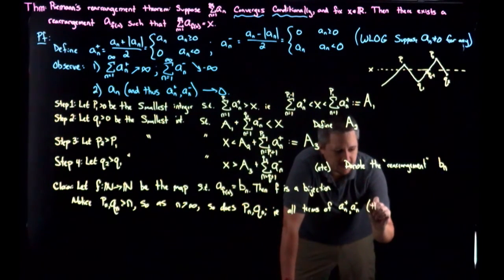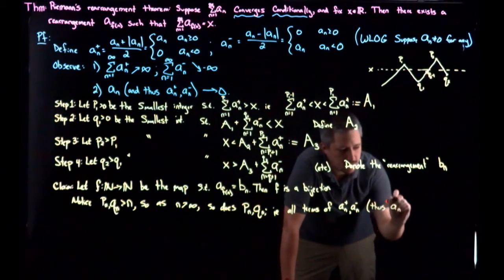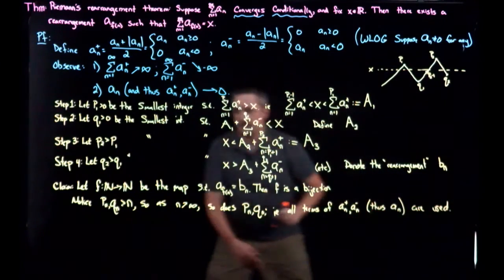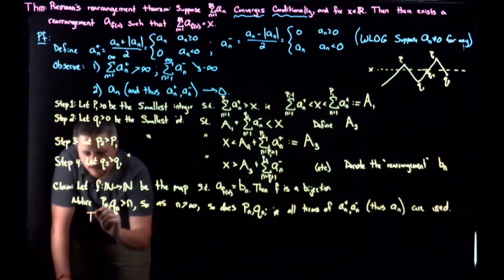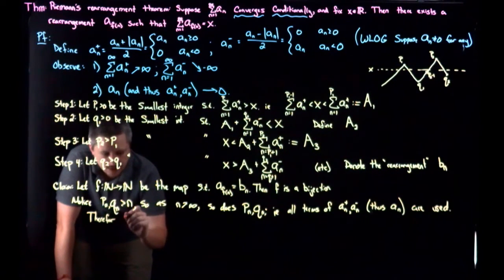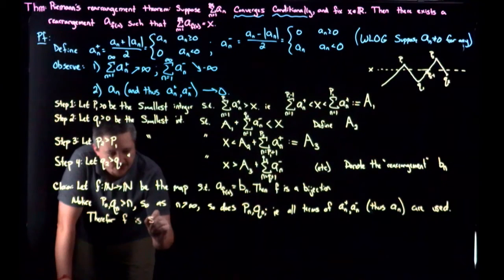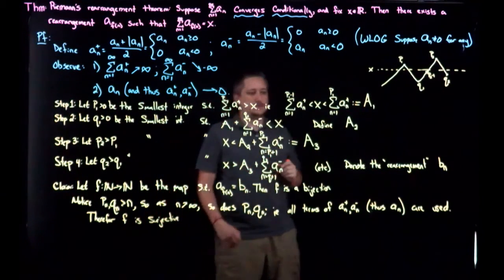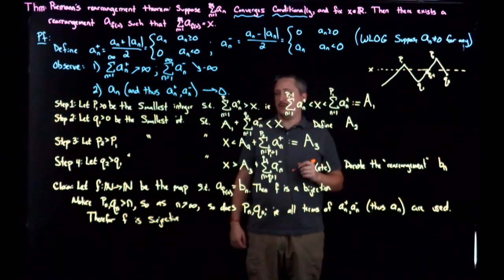So thus, an are used. Therefore, f is surjective. Or I guess maybe with the way I defined f, the inverse might be surjective. But the point is that I'm using all of the things.